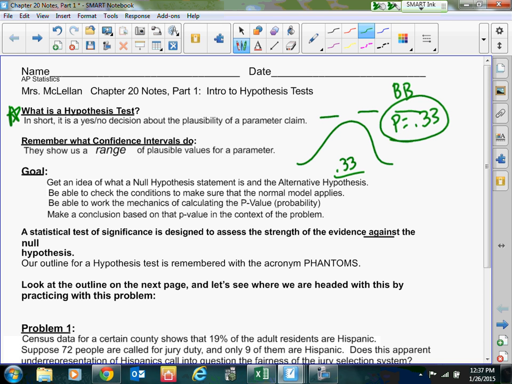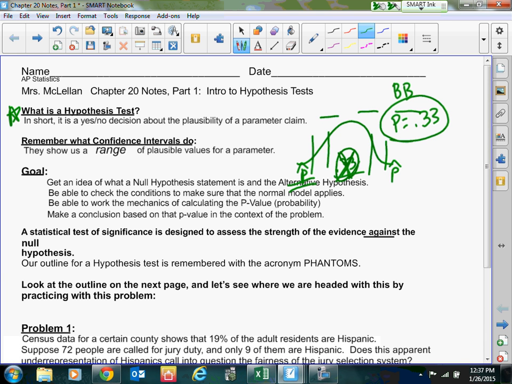If you take a sample and it ends up being more than 2 standard deviations away, then you would have evidence to say, no, this is not correct, because I got something so far out that it's an outlier. It's statistically unlikely if 33% is true, so 33% must be wrong. I reject your claim. That's a test.